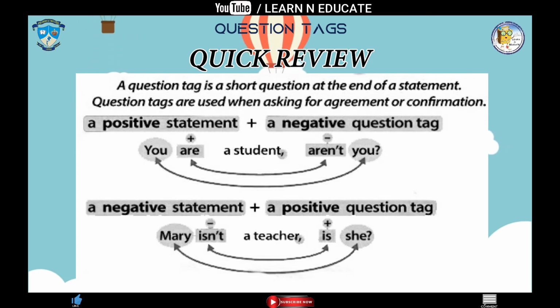Let's see this with the help of an example. Mary isn't a teacher, is she? So here, Mary is the subject which changes into a subject pronoun she in the question tag. Isn't is negative which changes into positive in the question tag and becomes is.